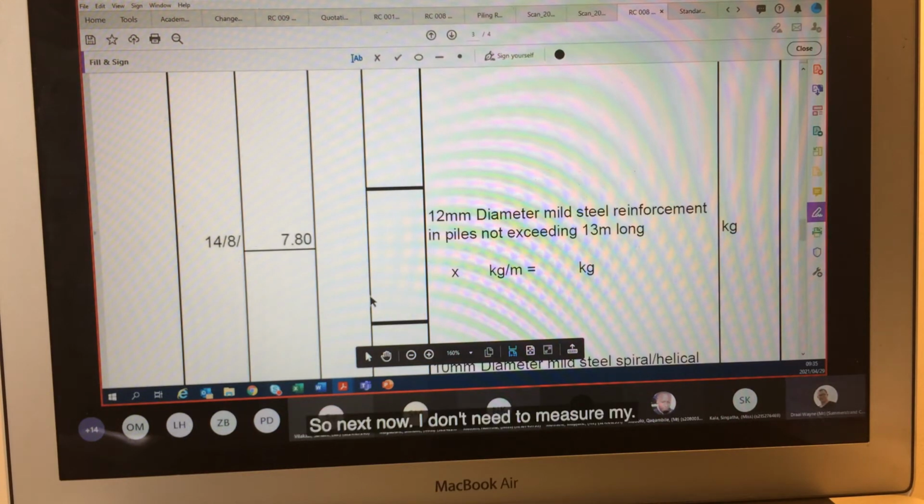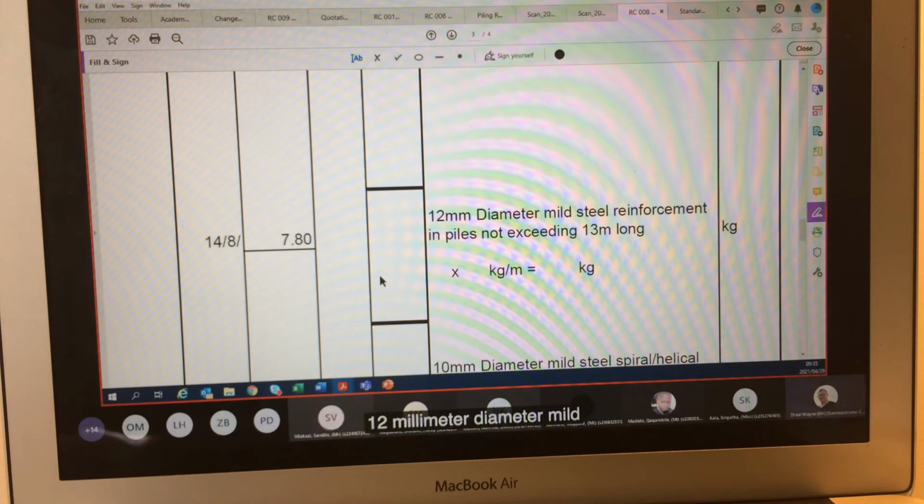Okay. So next, I now need to measure my 12 millimeter diameter mild steel reinforcement in my piles. And when I look at the steel reinforcement, the standard system, under piling, says that the steel reinforcement shall be given in accordance with the principles laid down in concrete formwork and reinforcement.